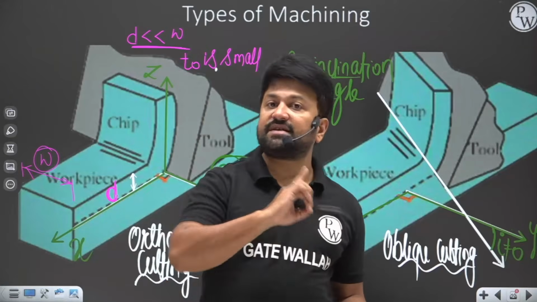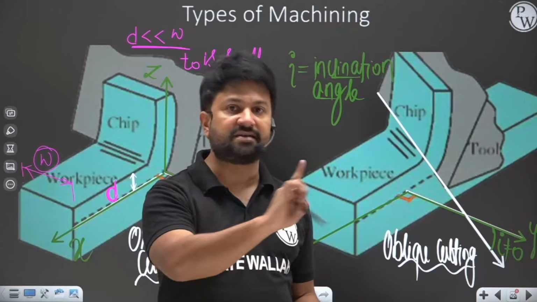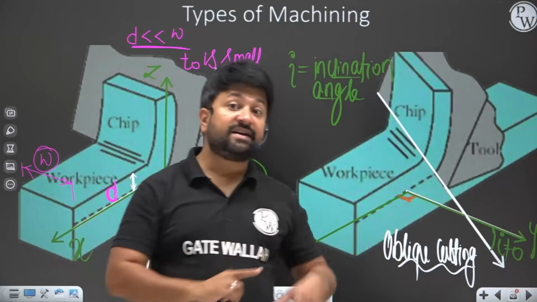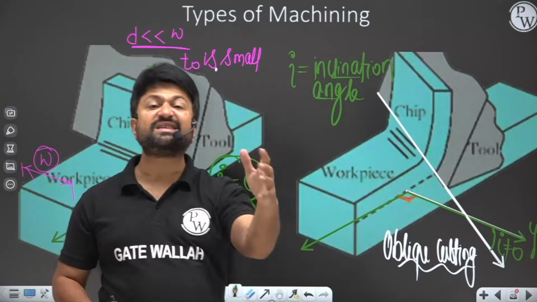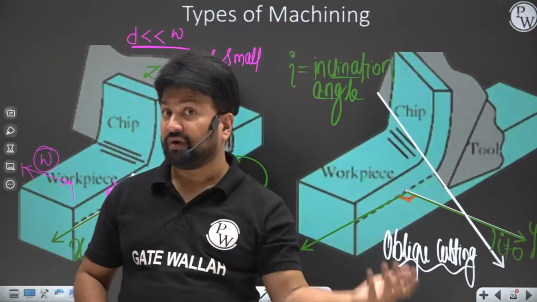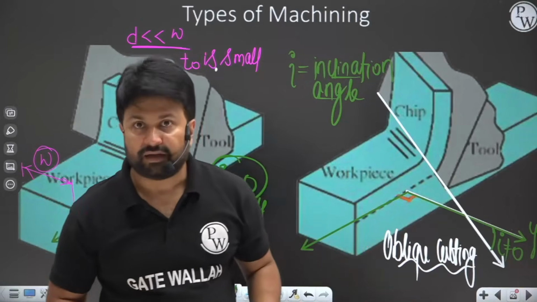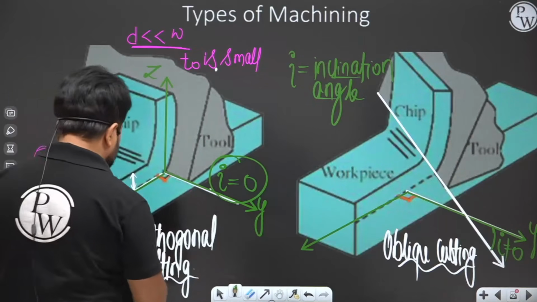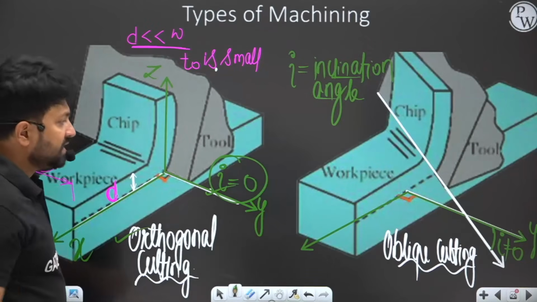No, vice versa is not true. If you say orthogonal cutting, then I is 0. If you say I is 0, it doesn't always mean that the cutting is orthogonal. It may be oblique cutting. But if I say a cutting is orthogonal, you have to always consider that I is 0.